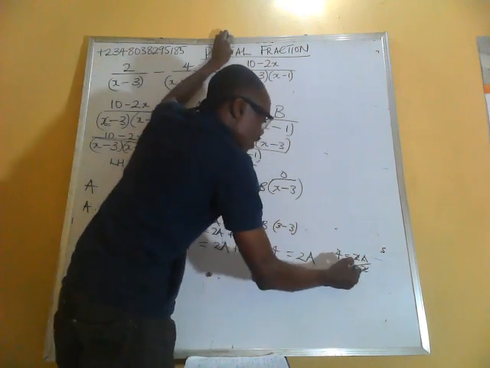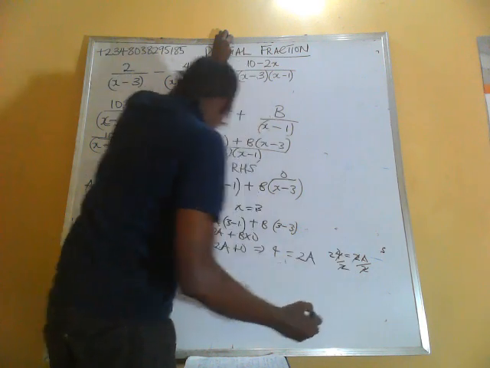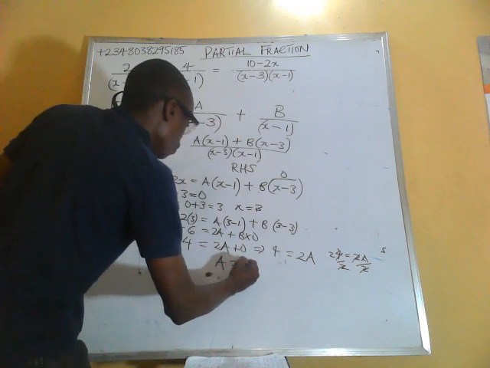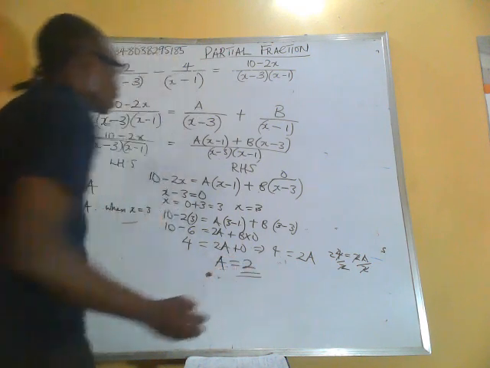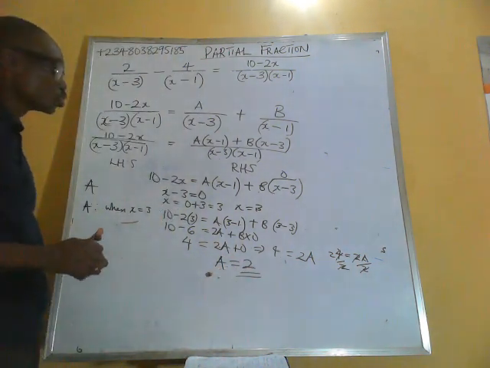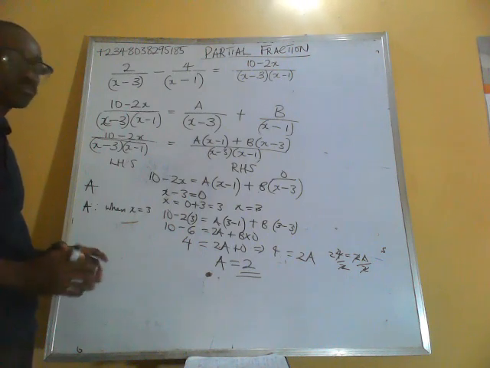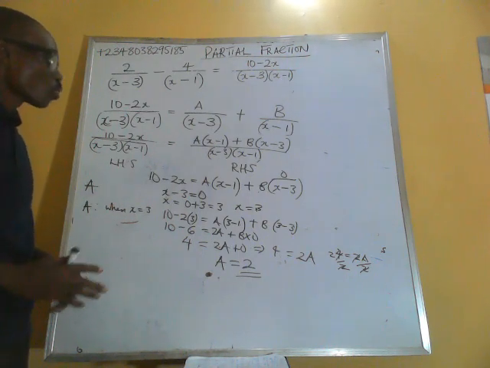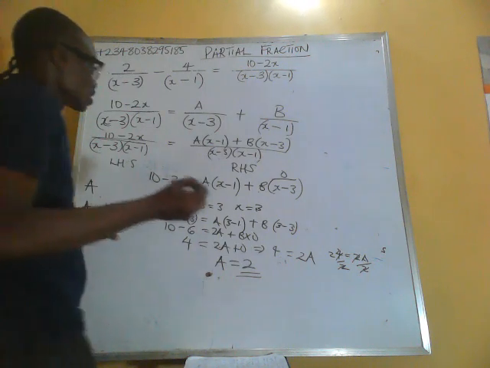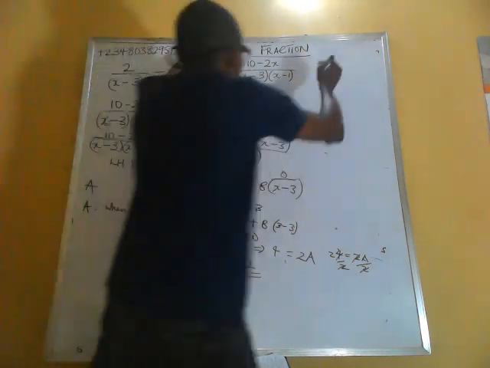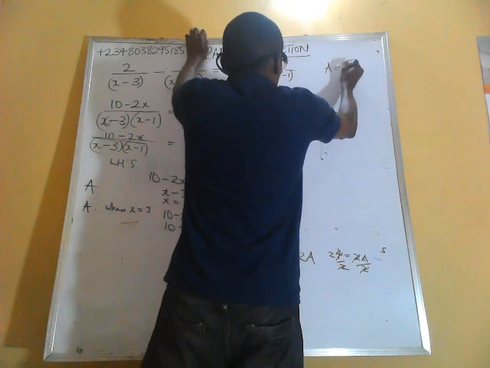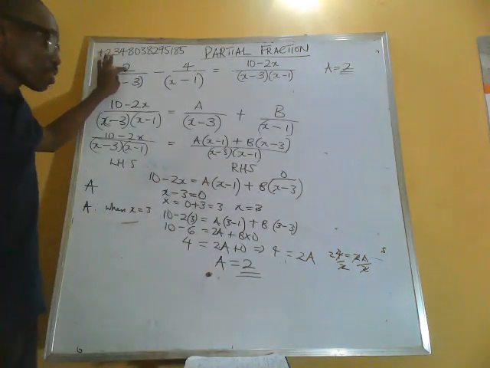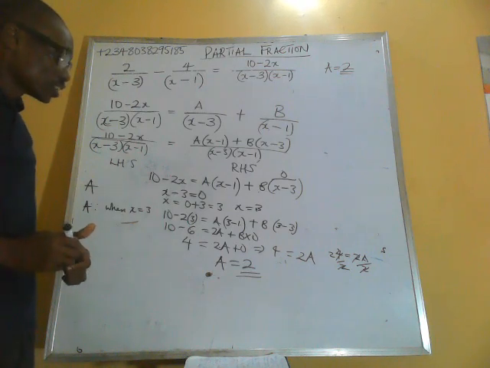So you have that A is equal to 2. So we've gotten that A is 2, which is the 2 we got here.